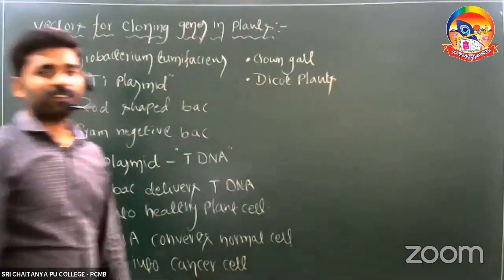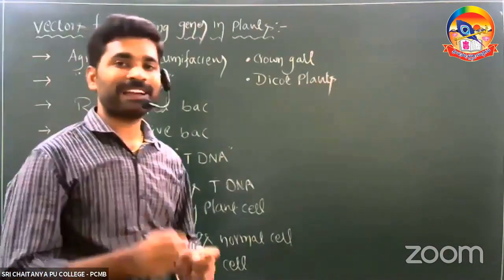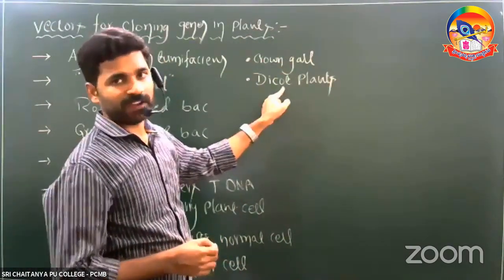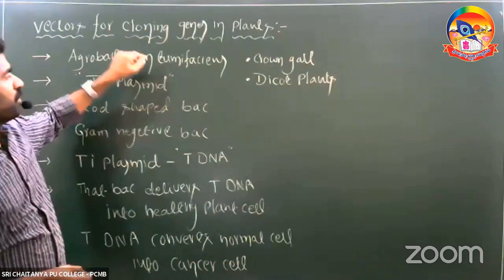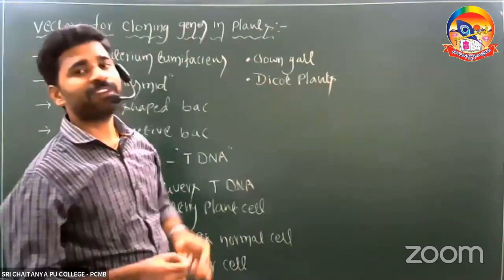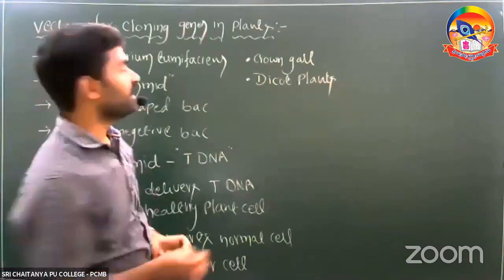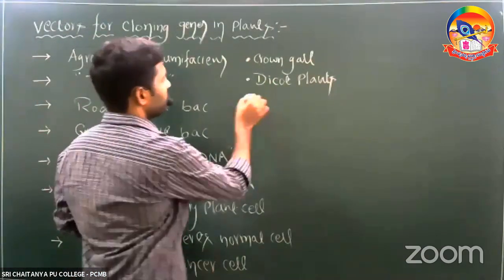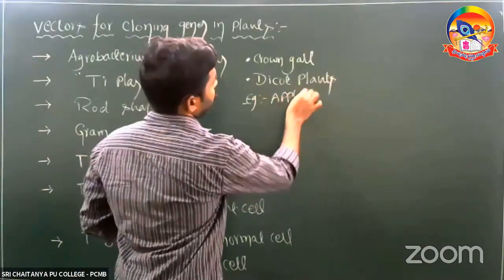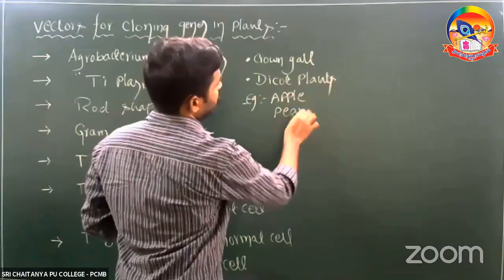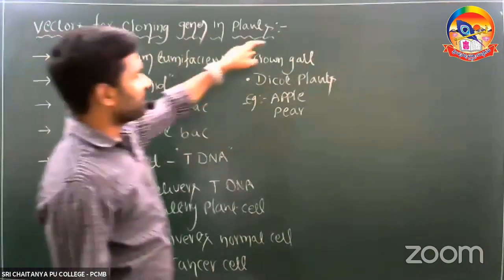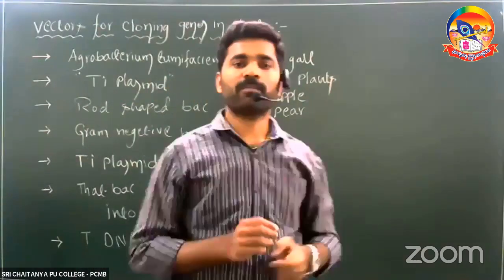So it causes crown gall disease, or plant cancer, in several dicot plants. For example, apple is a dicot plant and pear is a dicot plant. In these two plants, Agrobacterium tumefaciens causes crown gall disease or plant cancer.